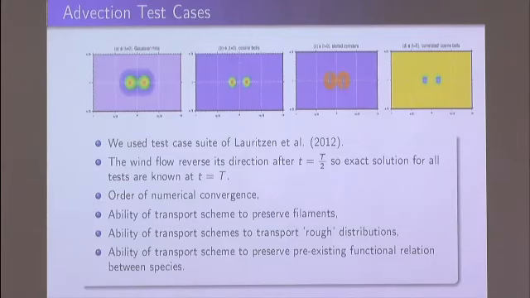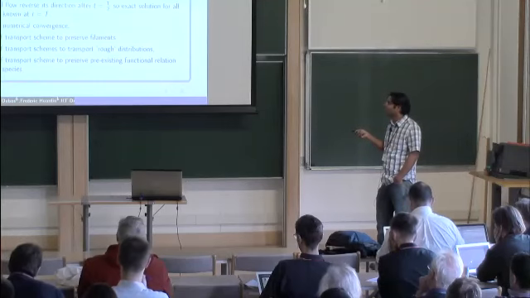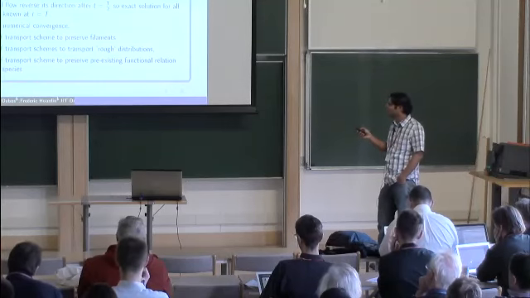I used these advection test cases to calculate the order of numerical convergence of these two schemes, their ability to preserve filaments, how they transport rough distributions, and how well they keep the pre-existing functional relation between two tracers.